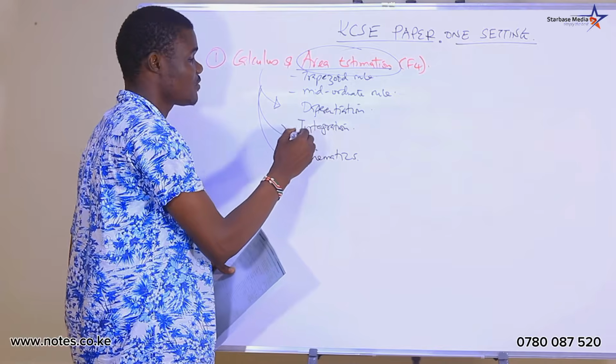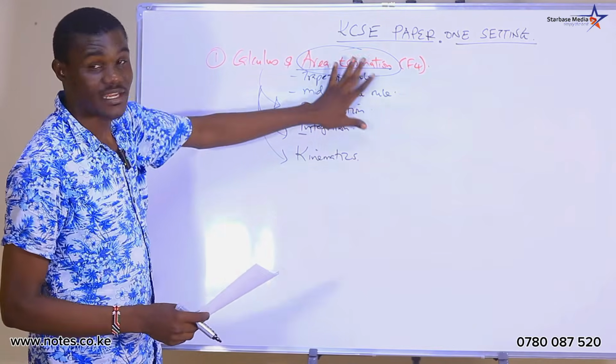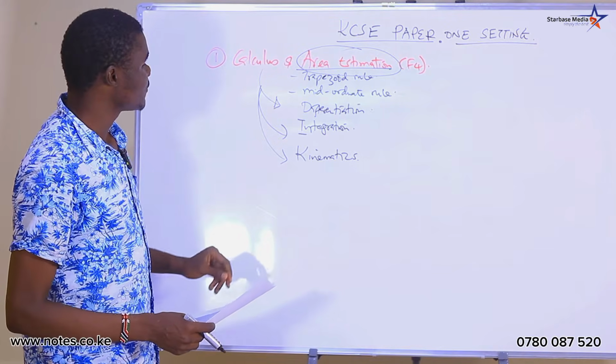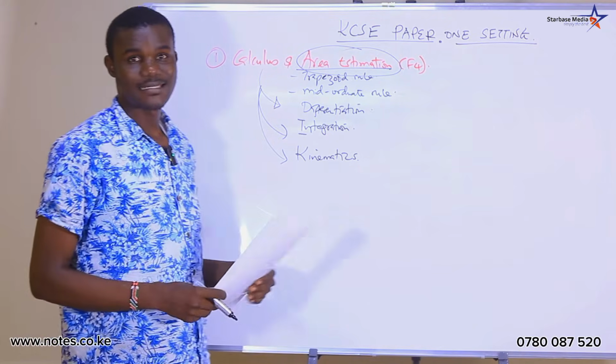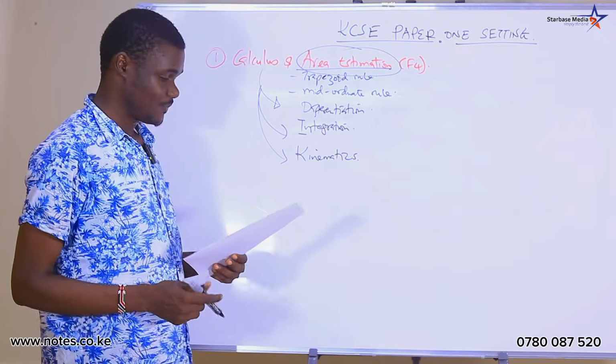So as you revise for your paper 1, give attention to calculus and area estimation, and these are the key areas that are normally tested. So be sure that you have the concepts right so that you're able to tackle it.